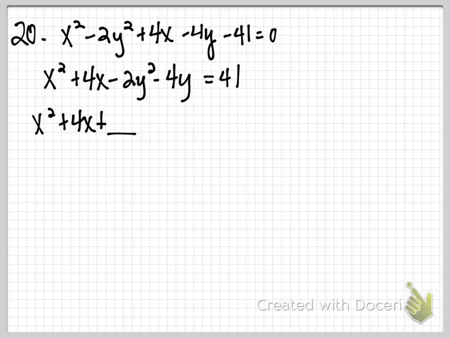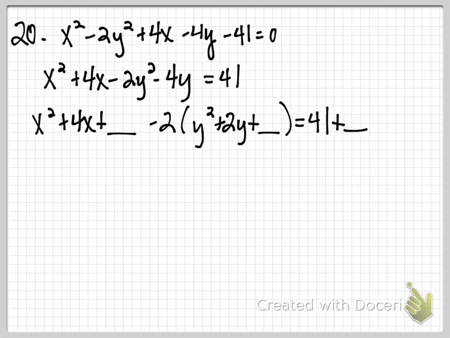We have to factor out that -2 from the y's, so minus 2 parentheses, y squared plus 2y plus blank equals 41 plus blank plus blank. So what goes in with your x's in completing the square is a 4, and then I'm going to add 4 to the right side. And for the y's, it's 1, but then I add -2 over to the other side.